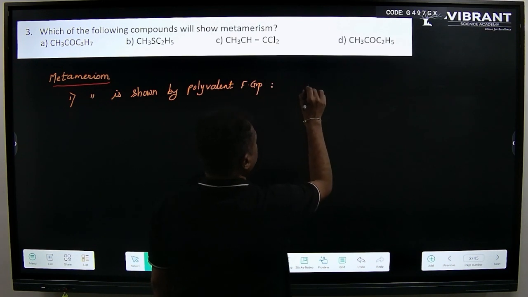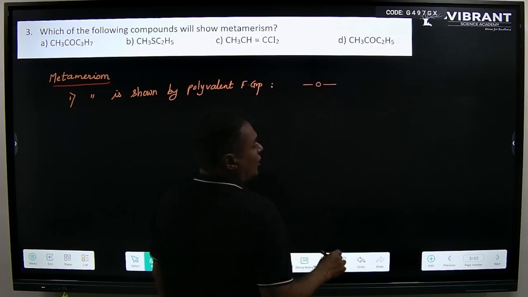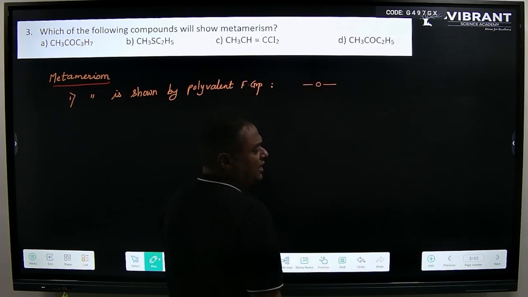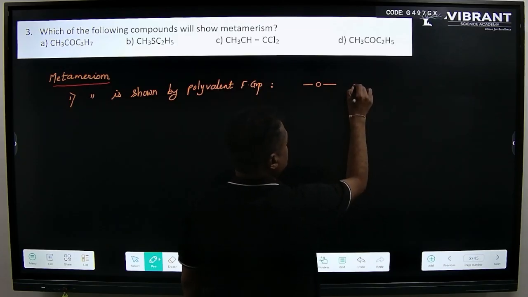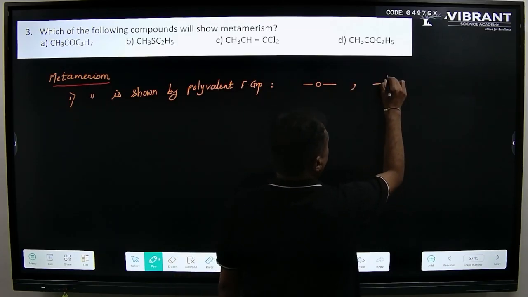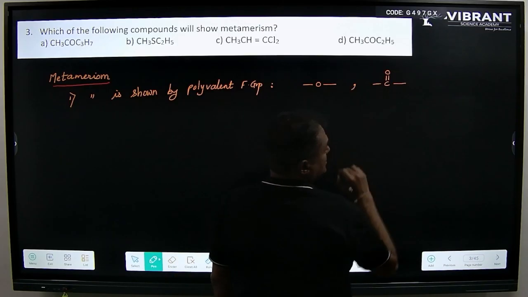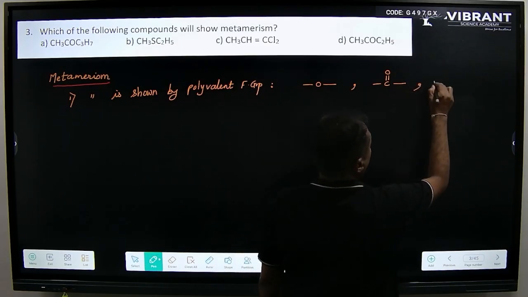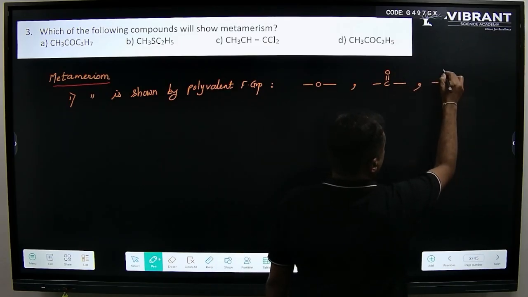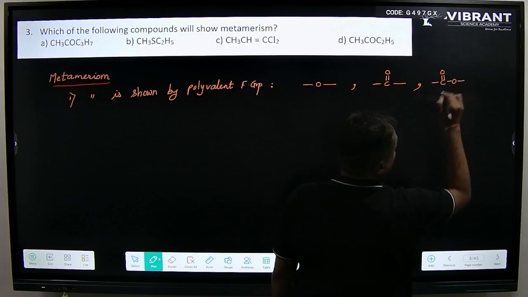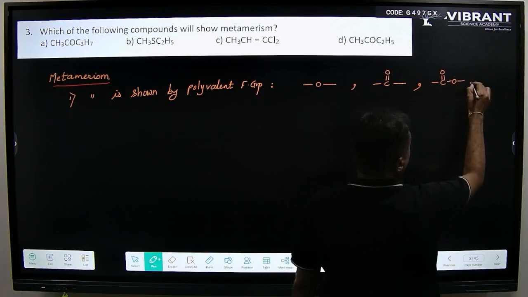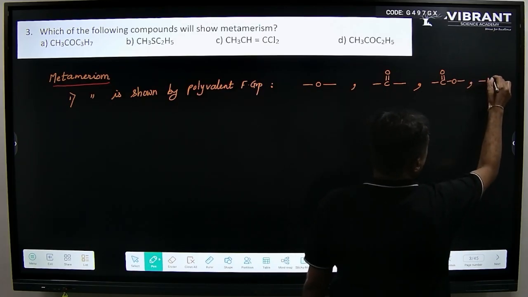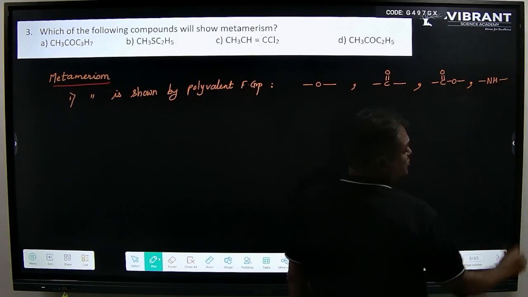There are certain functional groups, child, where on either side you have a carbon atom. So this is one, ether. The second compound, you can have a ketone. The third compound, you can have an ester also. On both sides you will have carbon. Even in the next example, you can have a secondary amine, which can show metamerism.